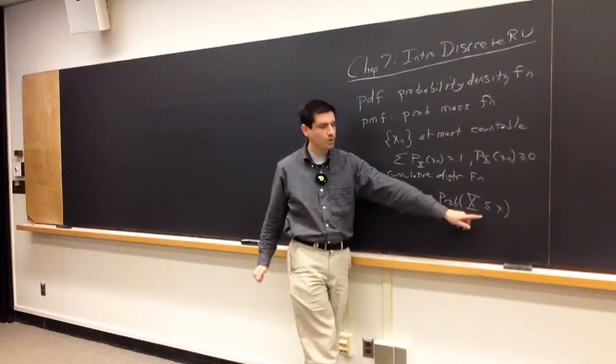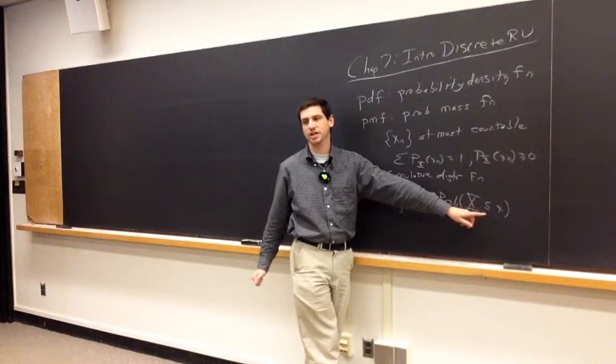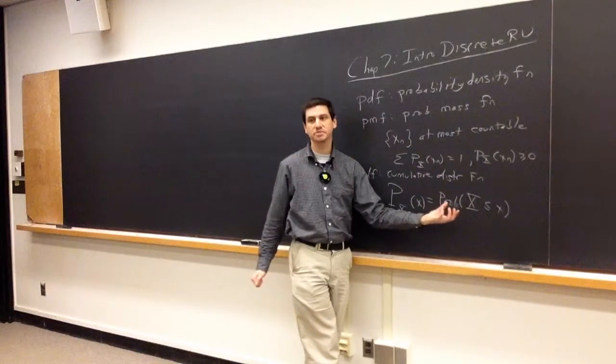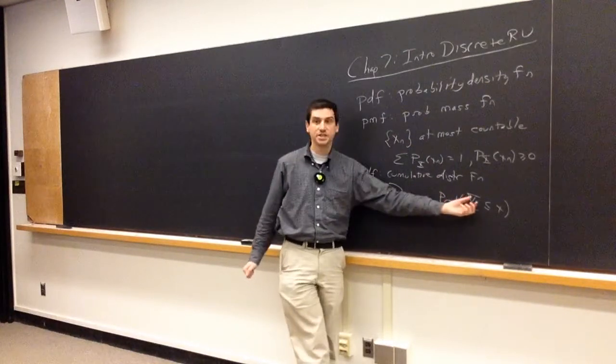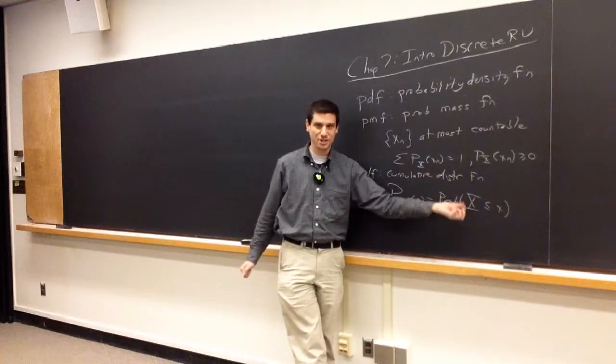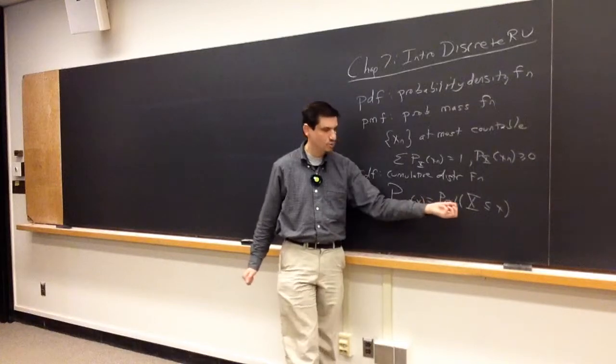In the continuous case, we don't have to really worry about is it strictly less than x or is it less than or equal to x. In the continuous case, the probability of a singleton is 0, so this doesn't matter. In the discrete case, this is extremely important because everything is discrete. Singletons do have probabilities. And so we have to be a little bit more careful as to what we mean.